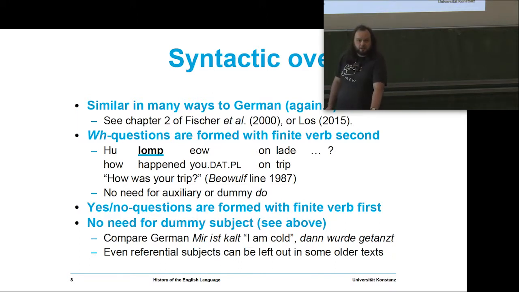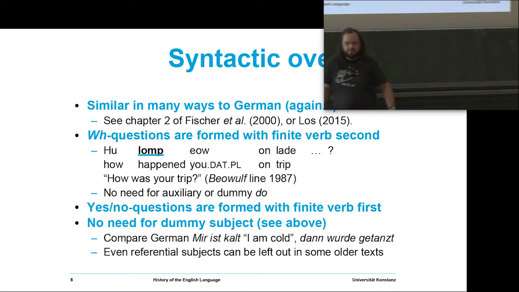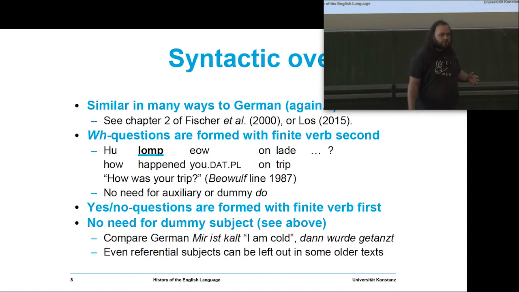Because if you take a modern English question, for instance, you've got the declarative sentence, yesterday I ate a cake, and you want to ask a question. You don't, in modern English, say, what ate you yesterday? You have to say, what did you eat?